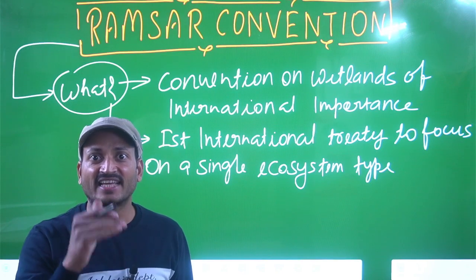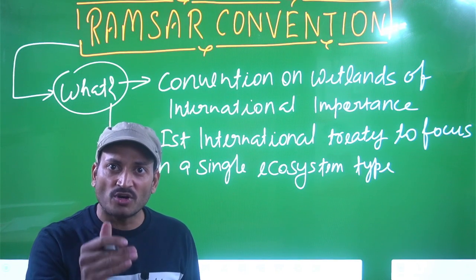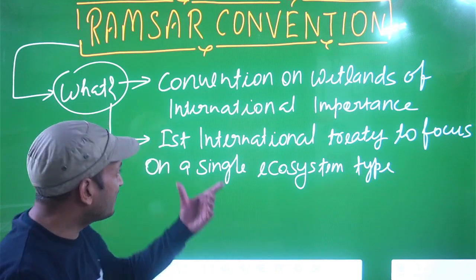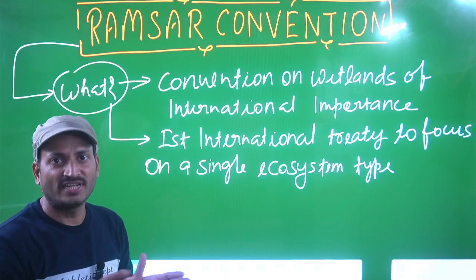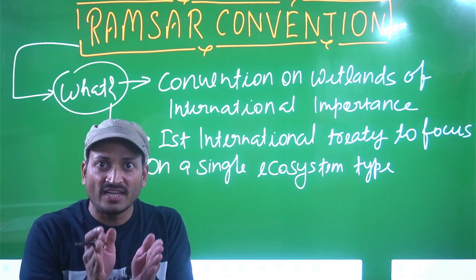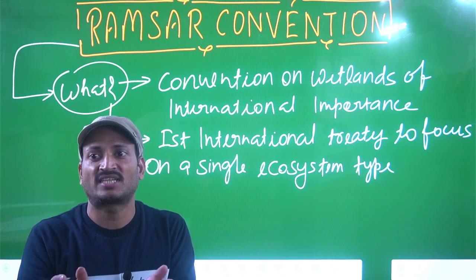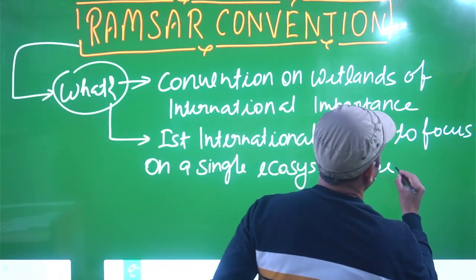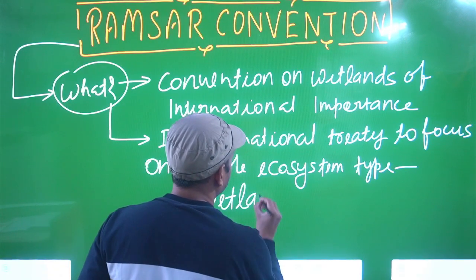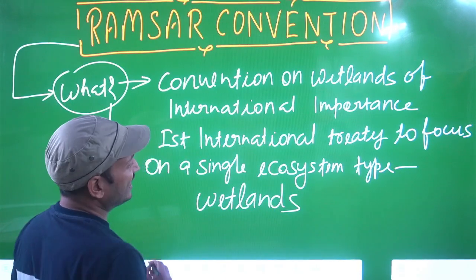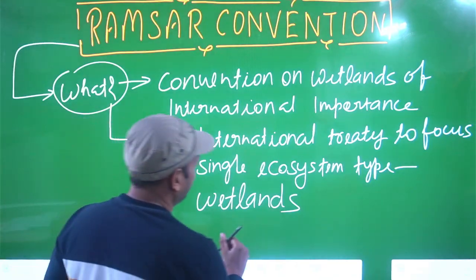Their mandate, their area includes more than one ecosystem. But when we talk about Ramsar Convention, it is the only international treaty that focuses only over a single ecosystem type, that is wetlands. Which is that ecosystem type? That is wetlands, my friends.